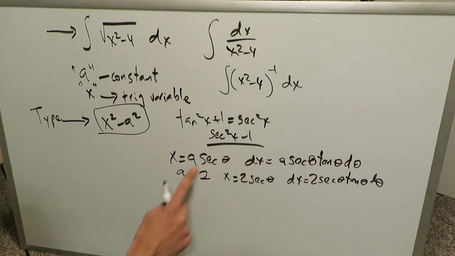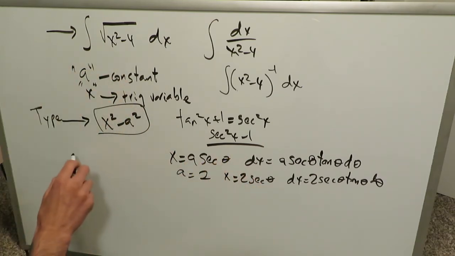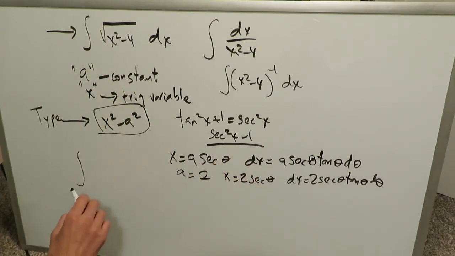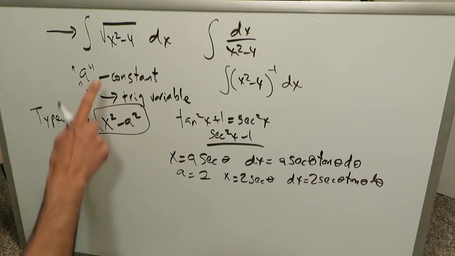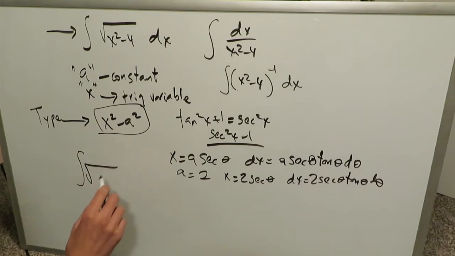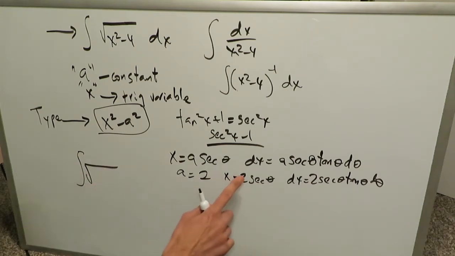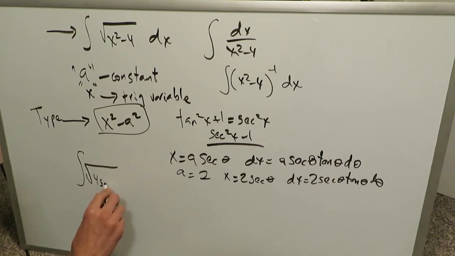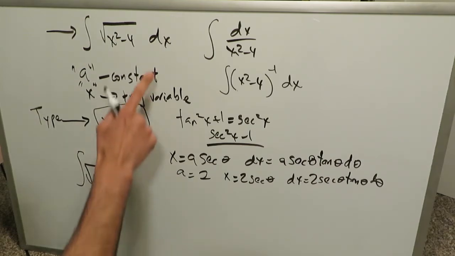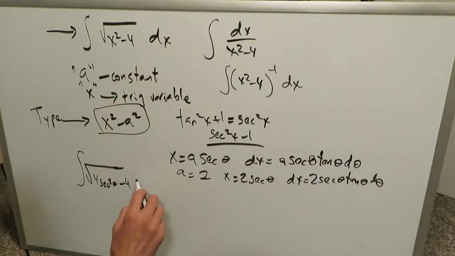Now, how will we look at all of this with regards to this? Well, it shouldn't be too hard, but let's show you. We're not going to solve it out, we're just laying the framework here. Within the square root, you're going to have x squared minus 4. Here's my x, 2 secant theta, so it will be 4 secant squared theta minus 4. And then dx will be all of this.